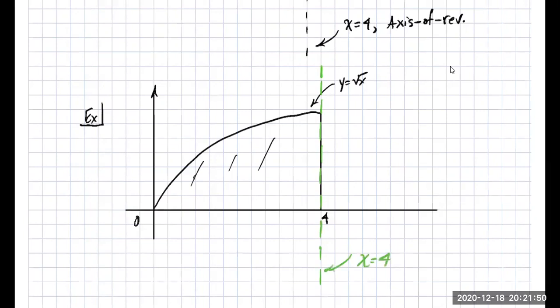As always, we're going to introduce our differential rectangle. So somewhere between 0 and 4, choose a generic x, maybe here, and draw your rectangle. Label the rectangle.